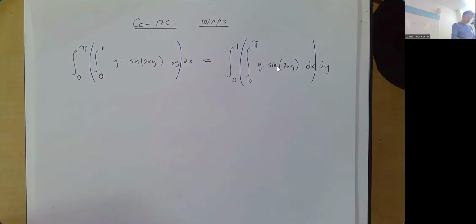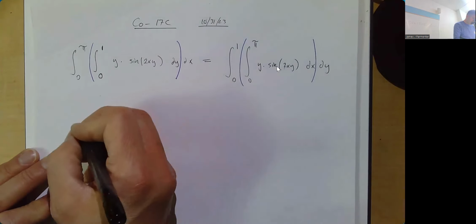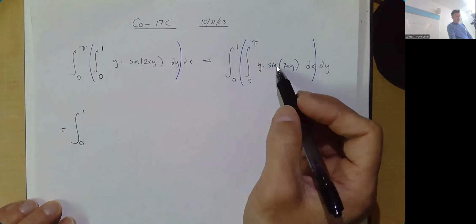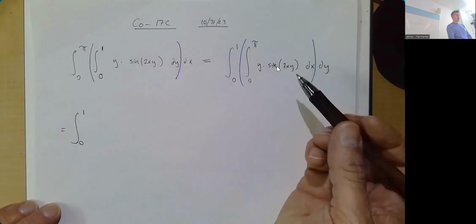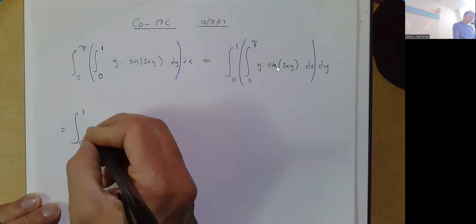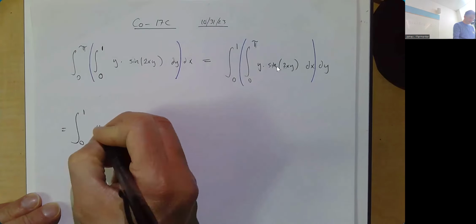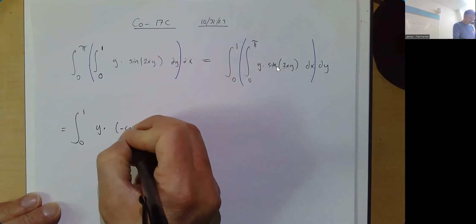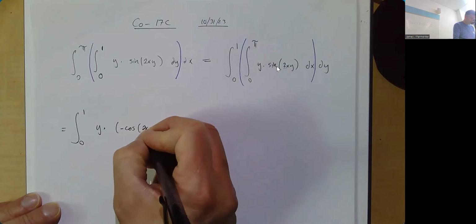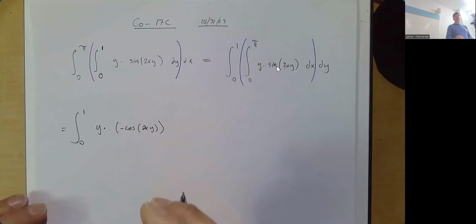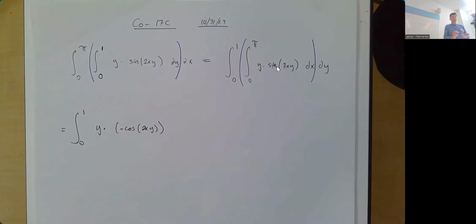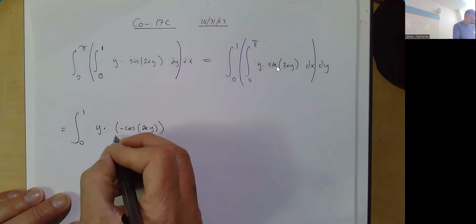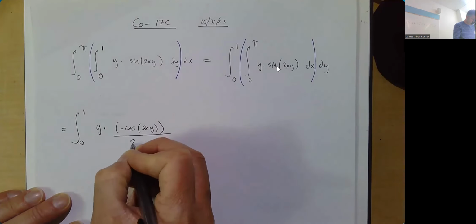So when I integrate, I get the integral from 0 to 1, and then the y hangs out, and the antiderivative of sine of something is negative cosine of that stuff, and then I typically have to divide by the constant. The constant here is my 2y, so I'm dividing by 2y.